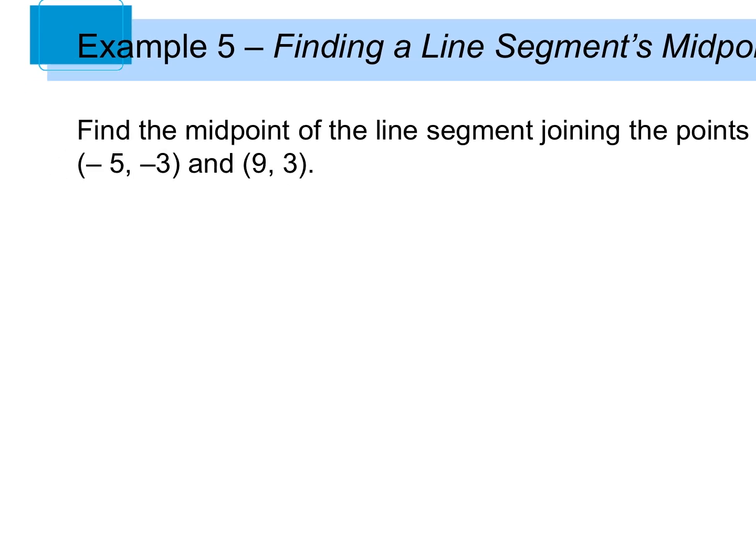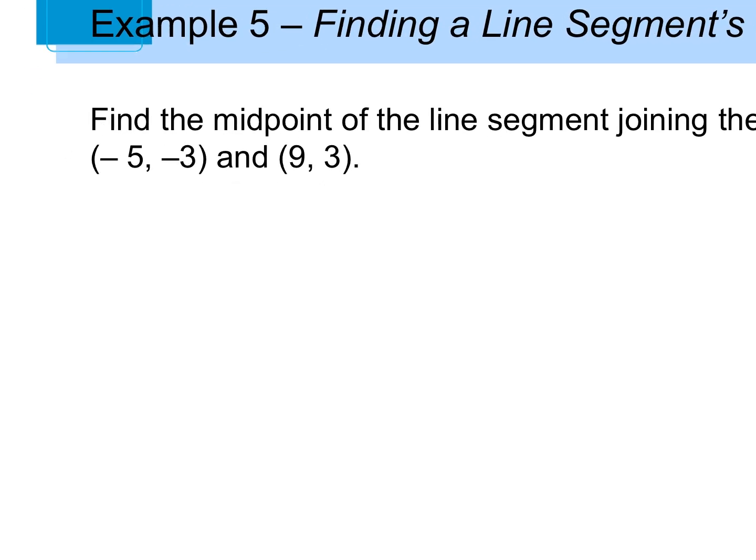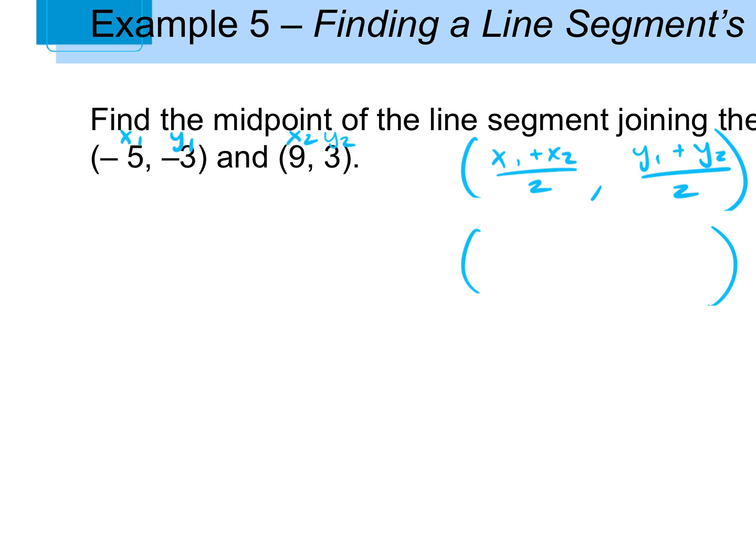So in example 5, we're going to find the midpoint. Our midpoint formula is x1 plus x2 over 2, comma, y1 plus y2 over 2. I'm going to label my points to make it easier for us to plug in. So x1, y1, x2, y2. Labeling your points lessens the room for error.